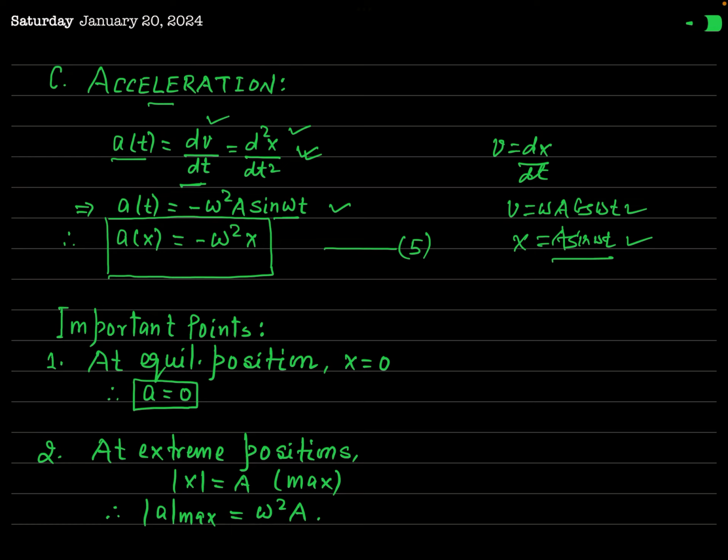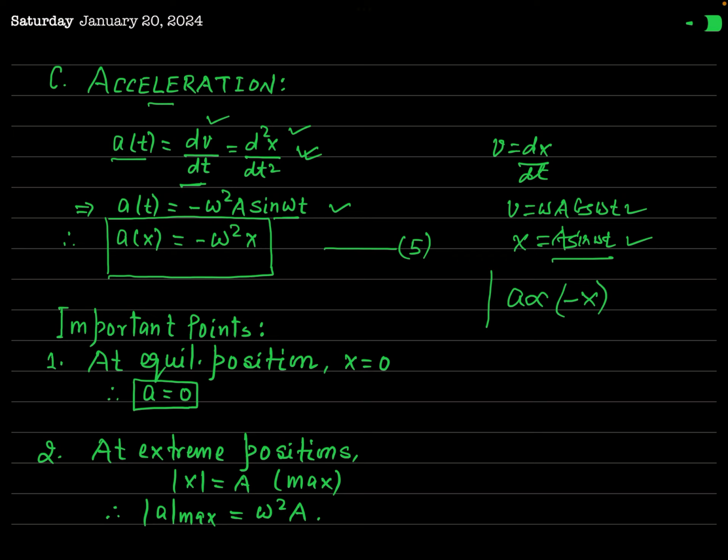So instead of A sin omega t, you can write x. So acceleration at position x is equal to minus omega square x, and this is the necessary and sufficient condition for motion to be simple harmonic: the acceleration of the particle must be proportional to minus x.